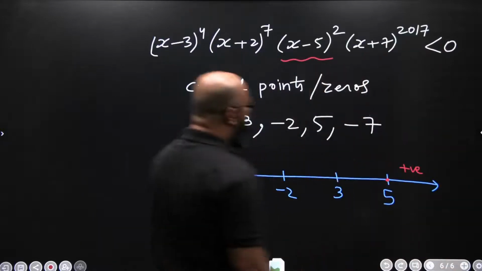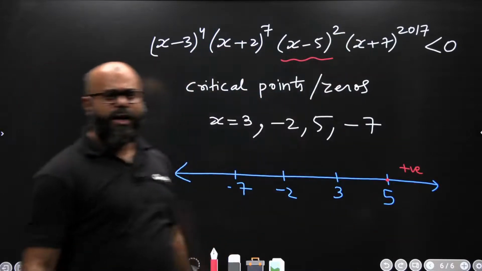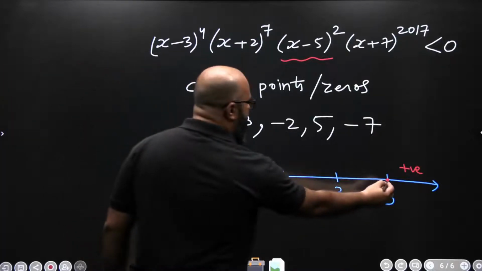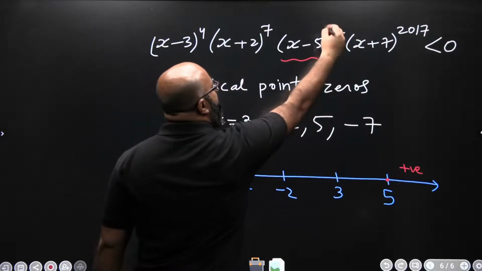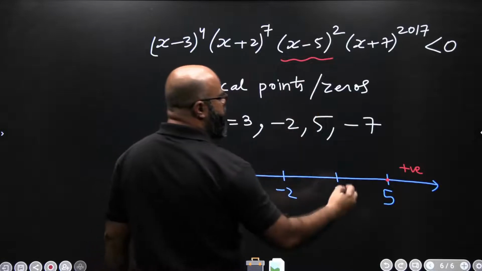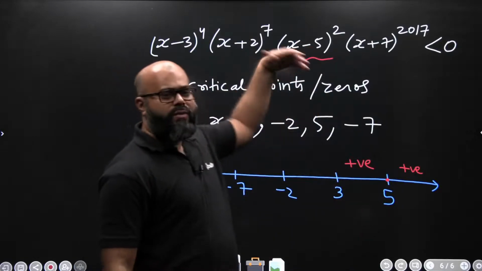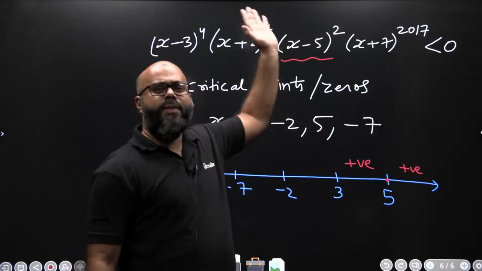But in this question, the powers are even also, odd also, depending upon the powers. So when you talk about 5, this (x minus 5), whose critical point is 5, is having power 2, which is even. So this does not change the sign, this will remain positive. Why will it remain positive? Because a square will not change the sign. Even if it is minus here, the square will make it plus.